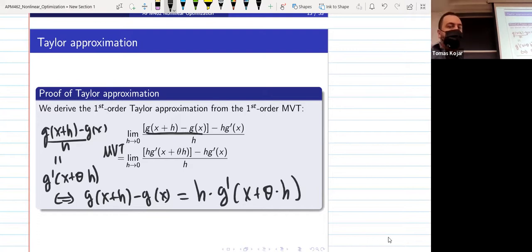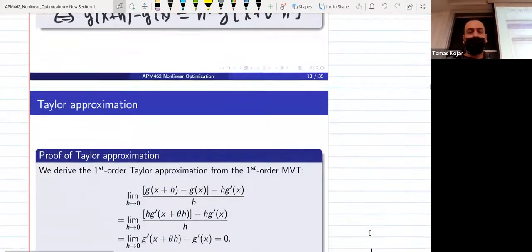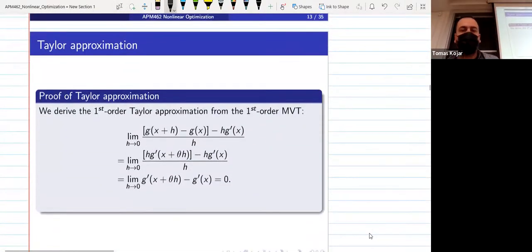Okay, now I'm in good business because I can factor out h. So you take out the h and they cancel out. So this was h over h. But then this guy is equal to 0.